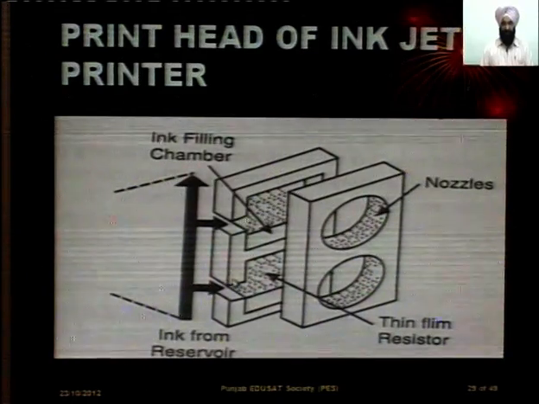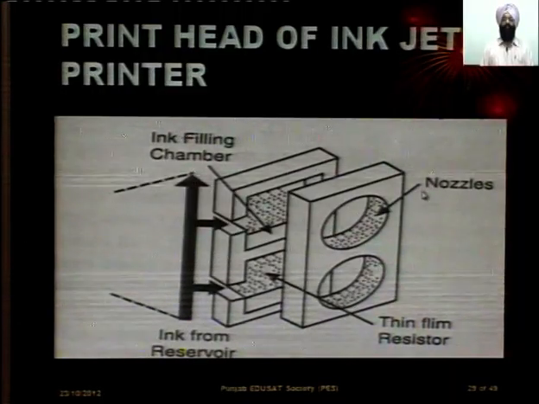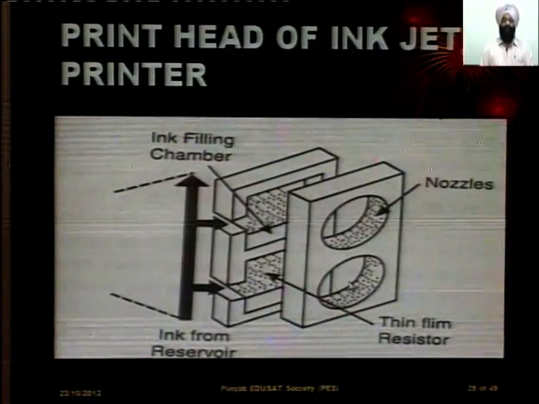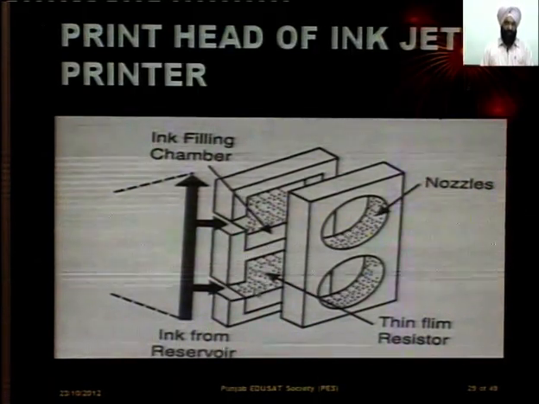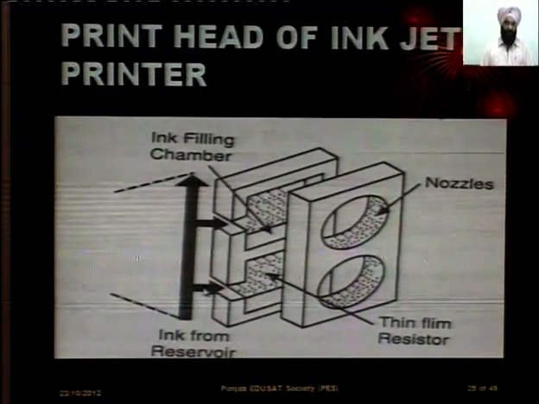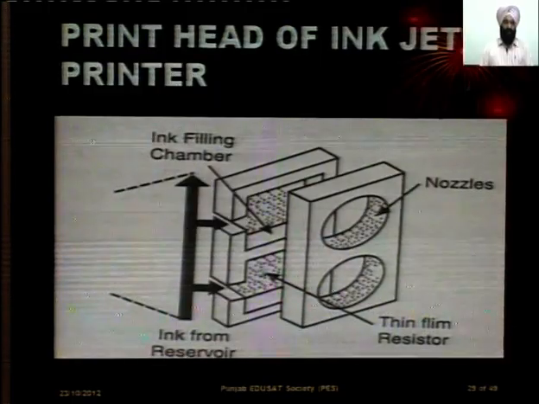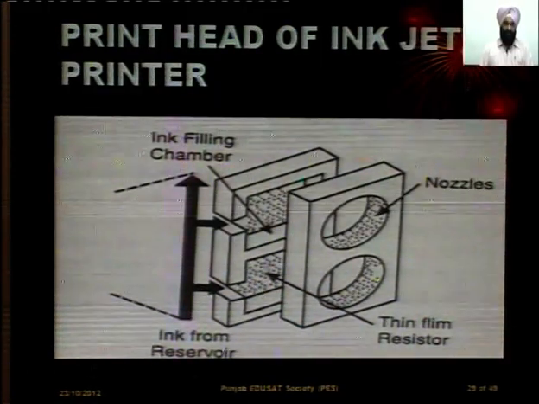Ink from the reservoir is filled in the ink filling chamber, and from these nozzles the ink is sprayed on the paper. How much ink, and at how much place it is to be sprayed, is decided by the electric current applied on this resistor or the crystal which is present here.